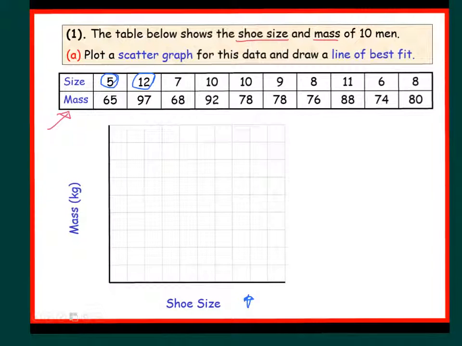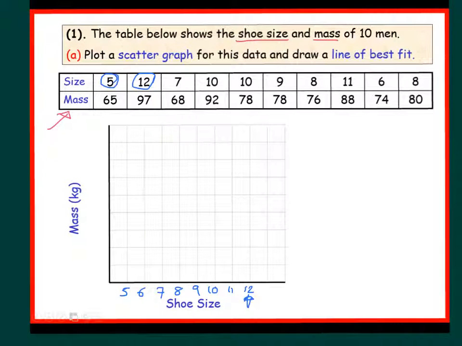And I want to do it in nice, easy numbers, numbers I can easily count in. So either 1s, 2s, 5s or 10s. And I'm going to go up in 1s. Let's start here at 5, 6, 7, 8, 9, 10, 11, 12. That's it.